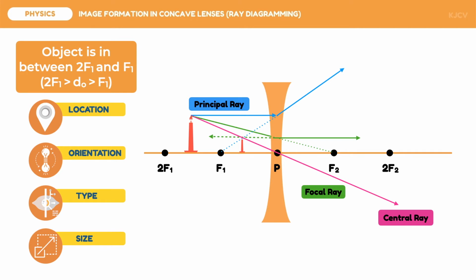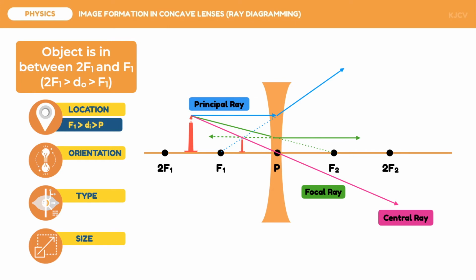For the location, the image is formed in between f(1) and P. Write it as d sub I is less than f(1) but greater than P, even if f(1) is negative. The negative sign of f(1) is just used to denote that the lens is diverging. But taking into consideration the distance of f(1), it is still farther to the optical center compared to the image.